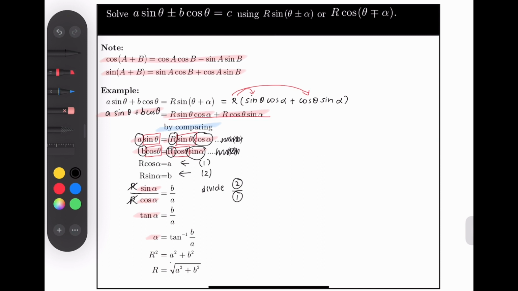To find the value of R, you need to square 1 and 2 and then add them up. So it's going to be R square cos square alpha plus R square sin square alpha equals A square plus B square. Factorize R square to get cos square alpha plus sin square alpha.